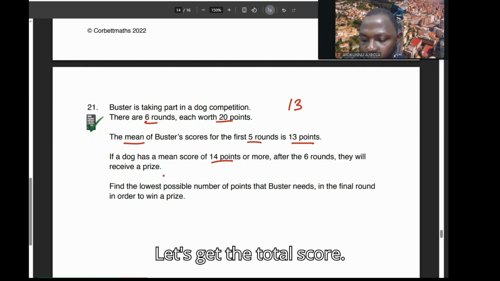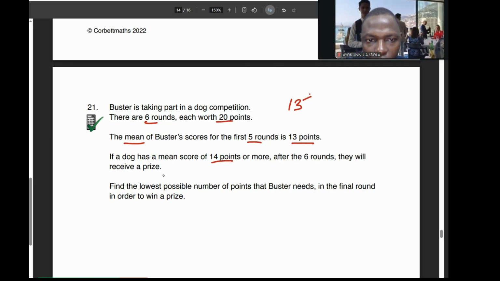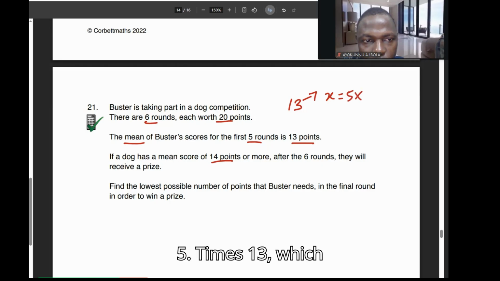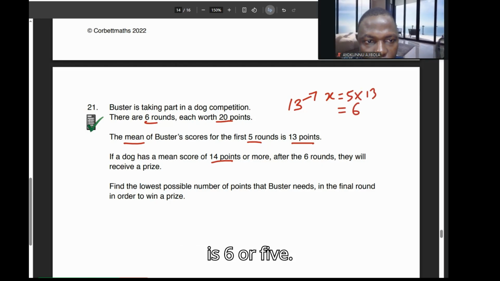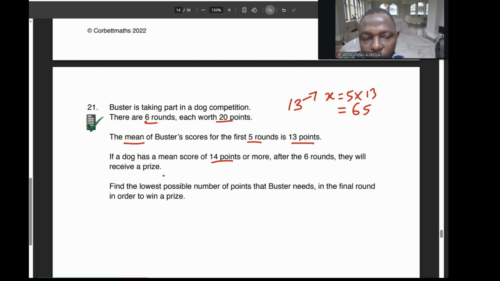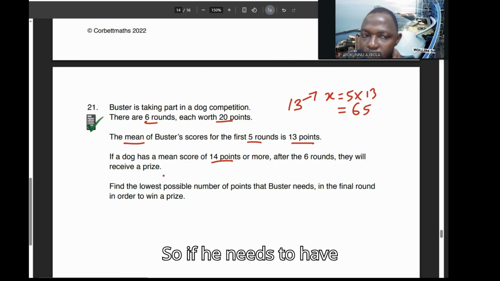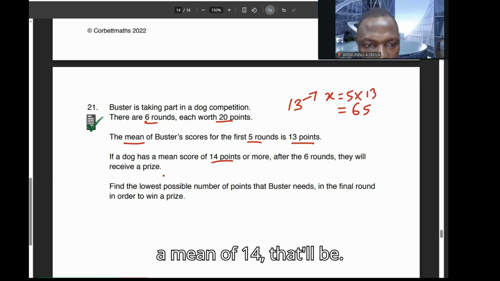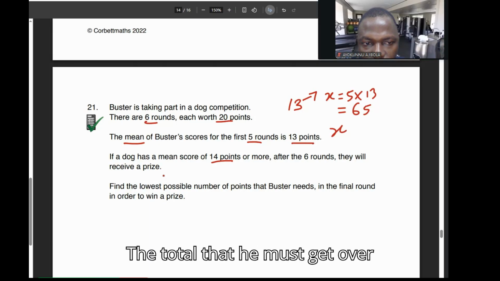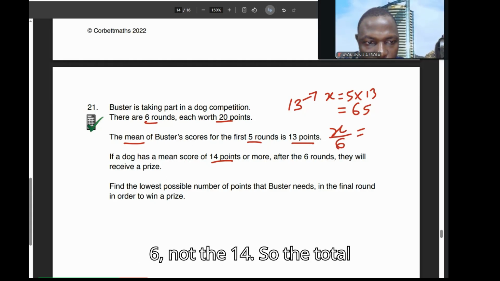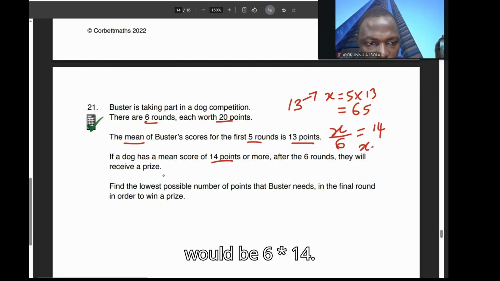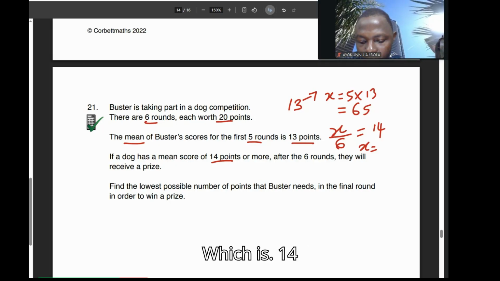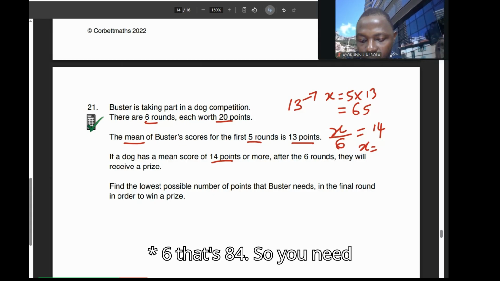Let's get the total score. Total score will be 5 times 13, which is 65. So if he needs to have a mean of 14, the total over 6 rounds must be 6 times 14, which is 84.